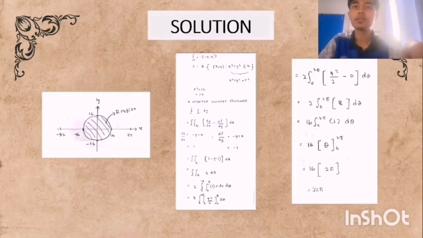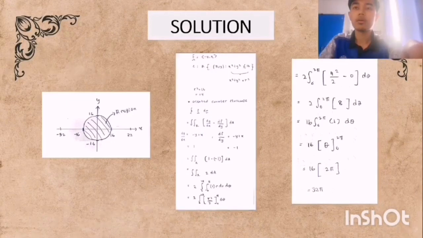So we use the formula, which is the double integration in Green's theorem. First things first, we differentiate g with respect to x. So dg/dx we obtain 1, and we differentiate f with respect to y, and then we obtain negative 1.